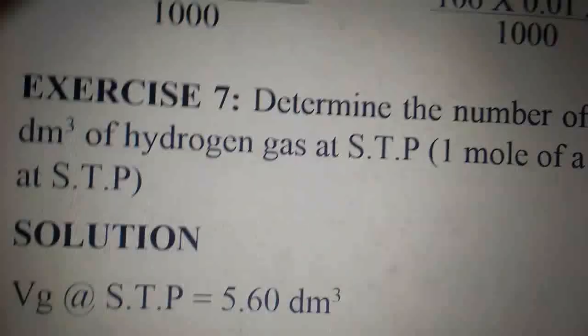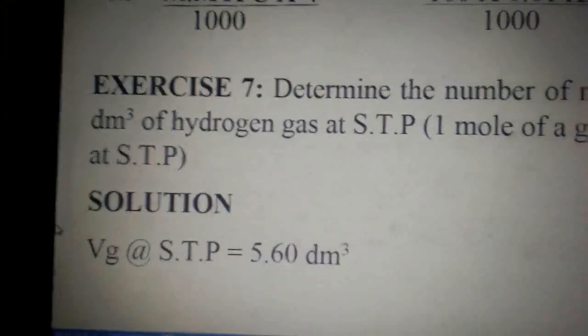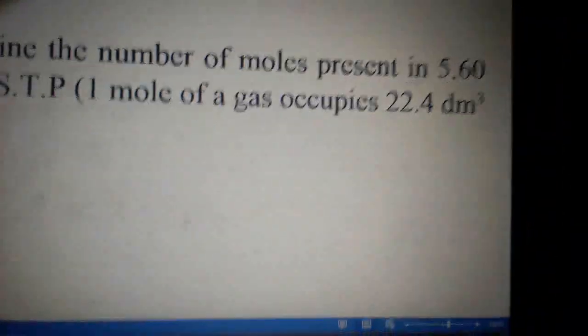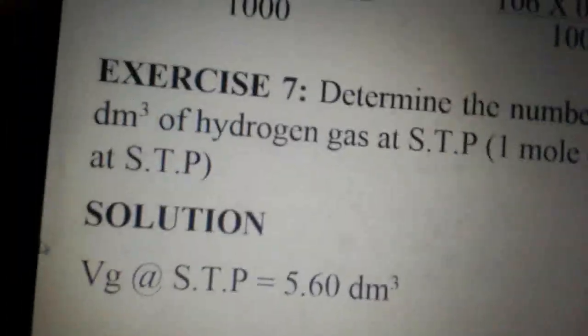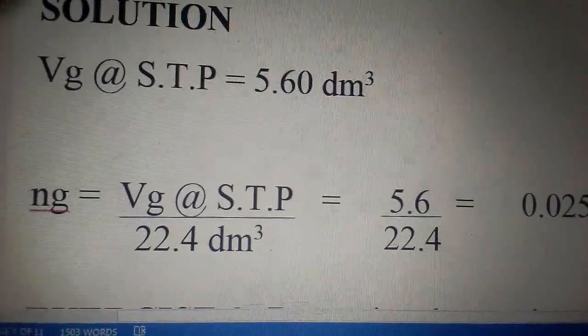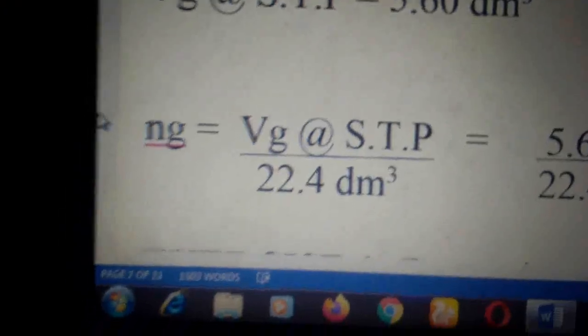Going to exercise 7, that says determine the number of moles present in 5.60 dm³ of hydrogen gas at STP. 1 mole of a gas occupies 22.4 dm³ at the molar volume. So stating our problem, volume of gas at STP is 5.6 dm³. How does volume connect to number of moles of gas? That is equation 6.